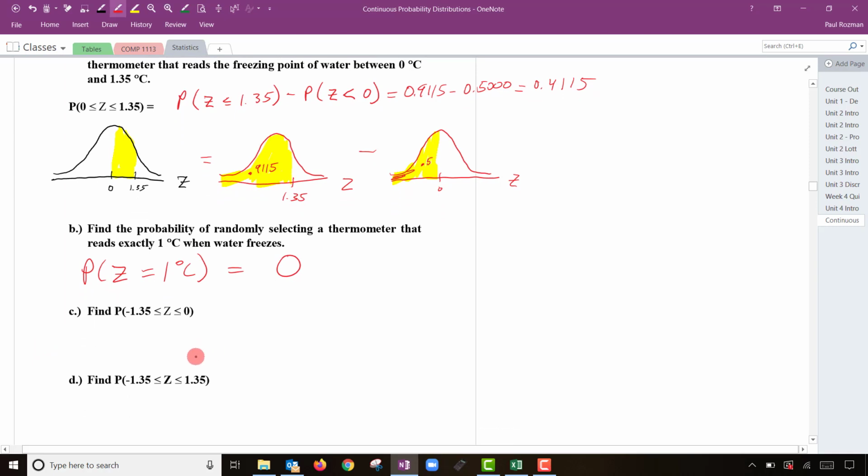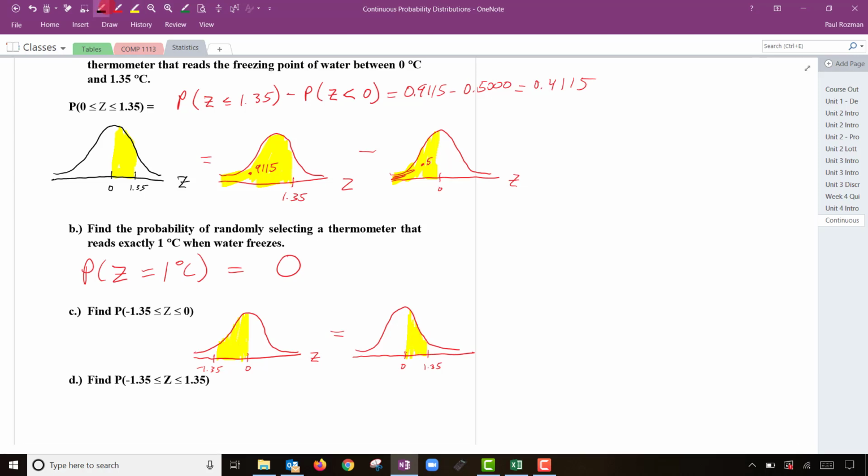The next example, how about between negative 1.35 and 0? So one that's below freezing. Certainly, because of symmetry, I think we can answer it without even needing another table.